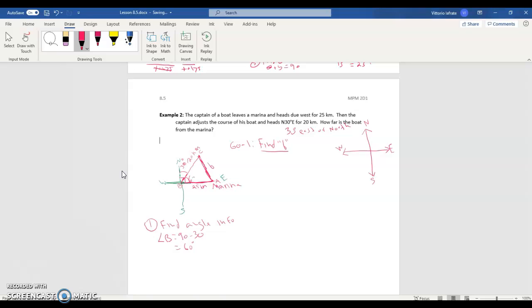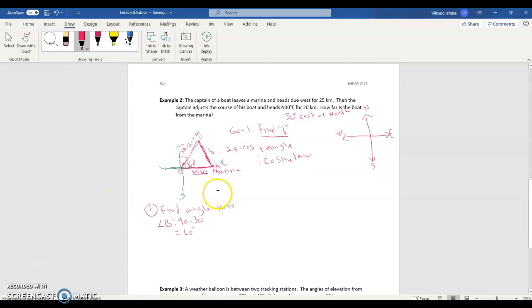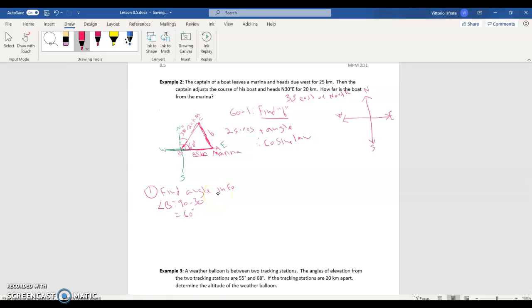So we have 60 degrees here. And what you'll notice is we now have two sides plus a contained angle, which therefore means we can use the cosine law to find length b here. So the trick here was drawing the question out.